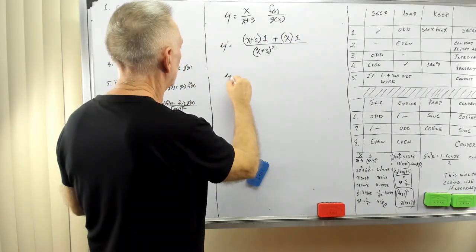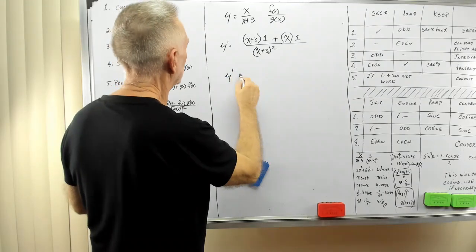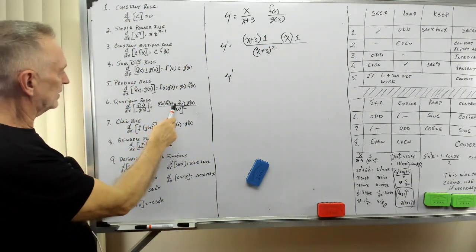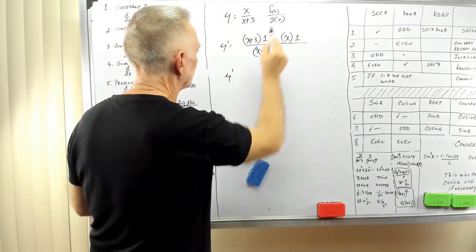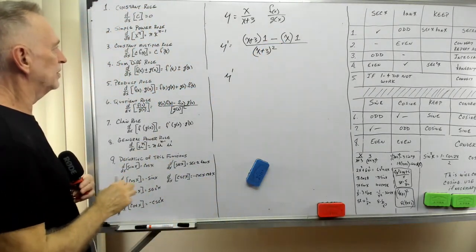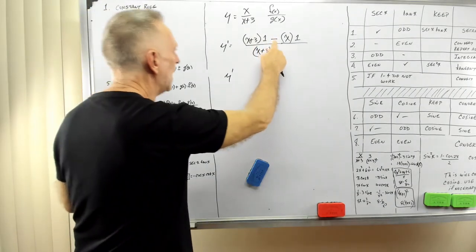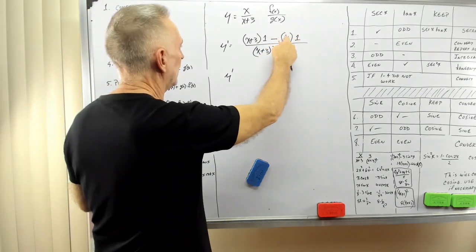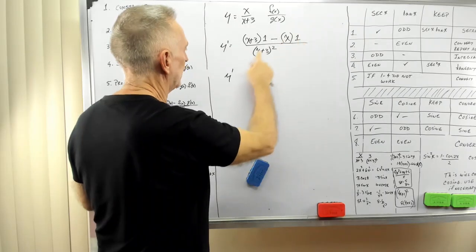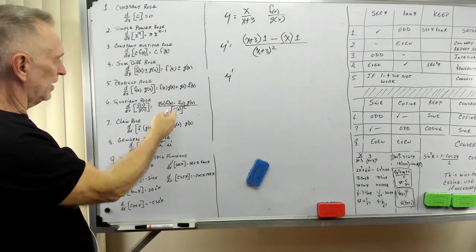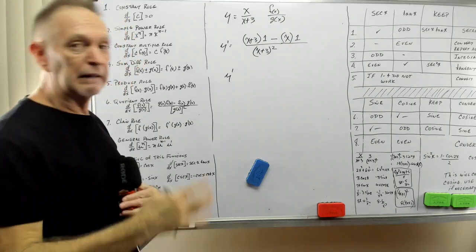So what do I have? y prime. Oh, I'm sorry. In the quotient rule, that's a negative. Sorry. Product rule is positive. So g of x times the derivative of f of x minus f of x times the derivative of g of x, all over g of x squared. I even have it written down and did it incorrectly.